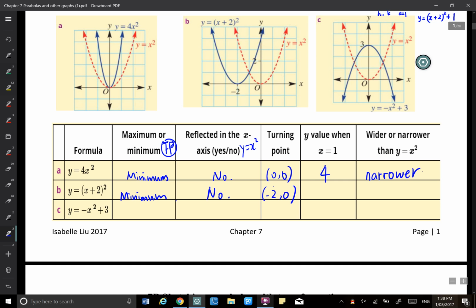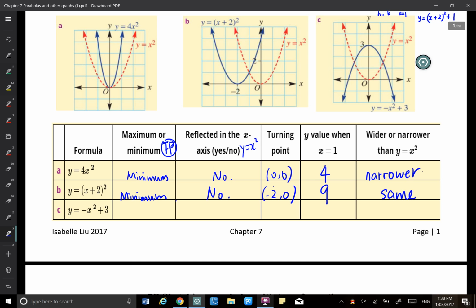And when x equals 1, what's the y value? 1 plus 2 is 3, 3 squared is 9. Is that a narrow or wider graph compared to x squared? Same. Good. There's no change in the a value. A is still 1. There's no dilation, so it will stay the same. It only translates left or right, but the graph will stay the same.